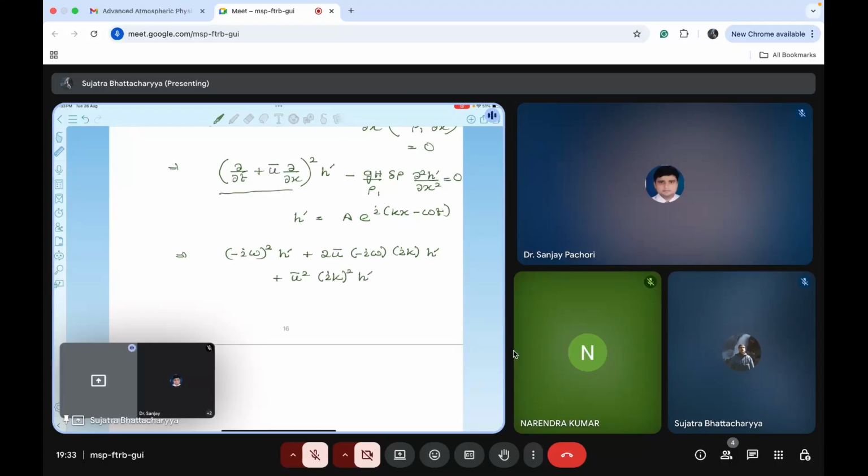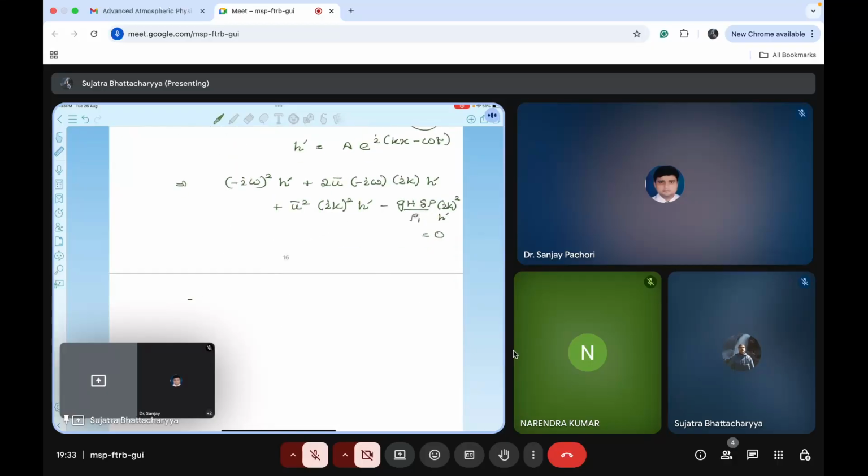So the first term is done. Second term is minus gh Δρ/ρ1 this ∂², so what is that? Iota k whole square into h'. That is equal to 0. Let us solve it. Minus square is 1. Iota square is minus: ω² h'. What is coming here?